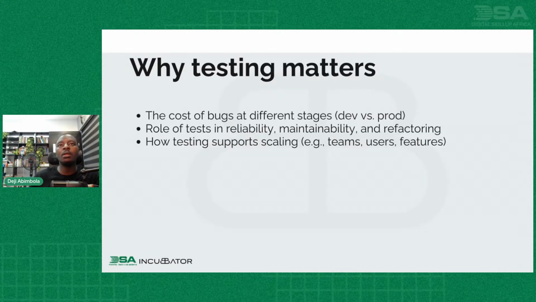So when it comes to bugs, the cost of fixing a bug increases exponentially the later that bug is discovered. And then, I think it might also serve us well to talk about what a bug is. So a bug essentially is an error that occurs in your software. So take for instance, you are meant to register a user, and in part of the registration process, a user is meant to provide a password.